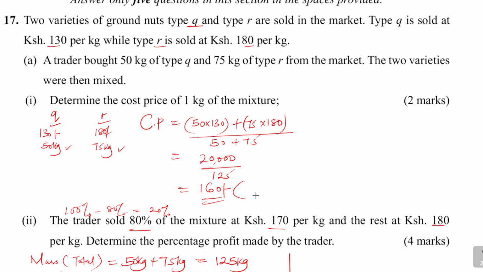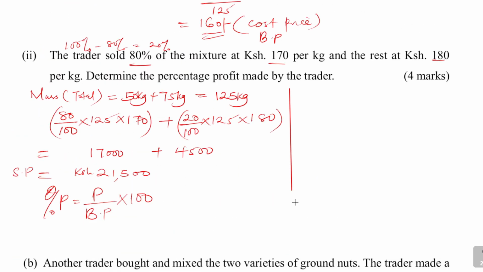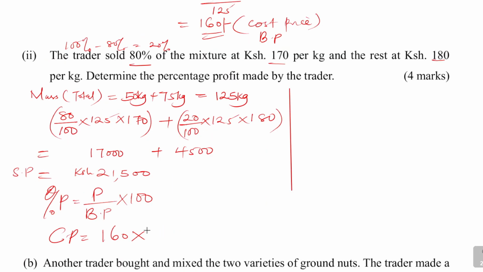So whatever we got in the first part was the cost price, and this is what we take as the buying price. We got it as 160 shillings per kg of the mixture. And how many kgs were these? The kgs for Q was 50, then the kgs for R was 75. So the total mass is 125.